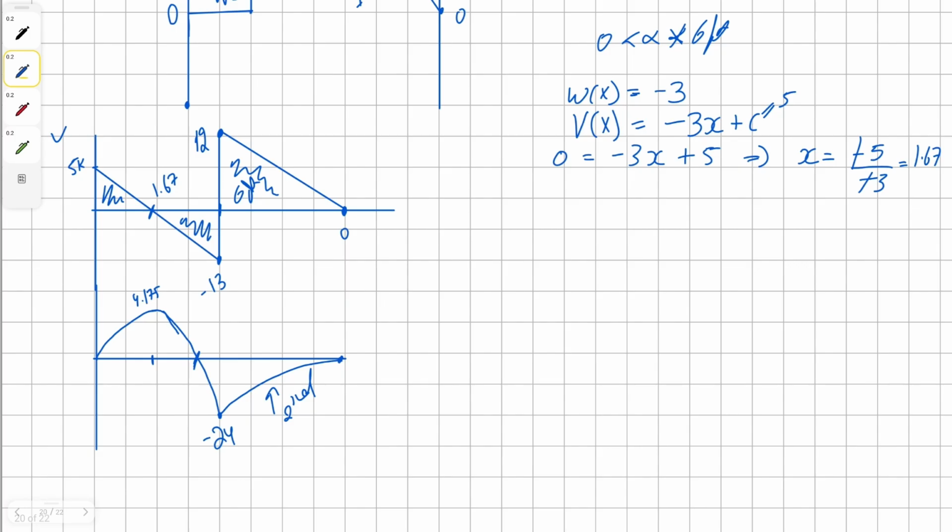To do that, we just have to take the integral of our shear equation. So it's going to be moment of x equals negative 1.5x squared plus 5x plus c. And c we know is going to be 0 because we are at 0.